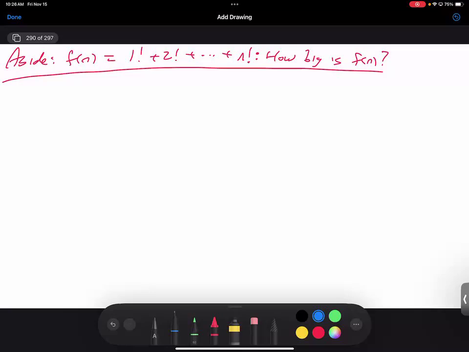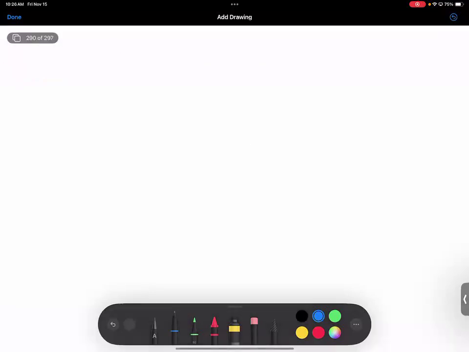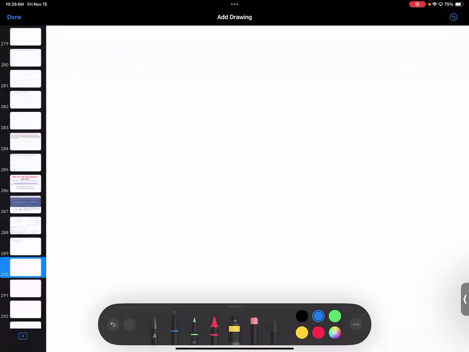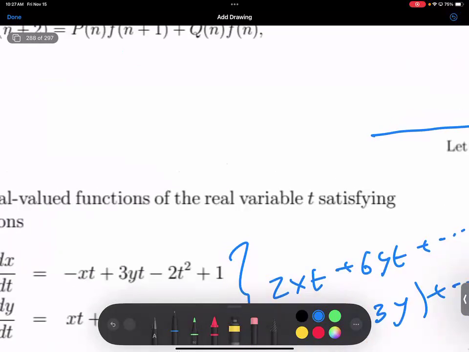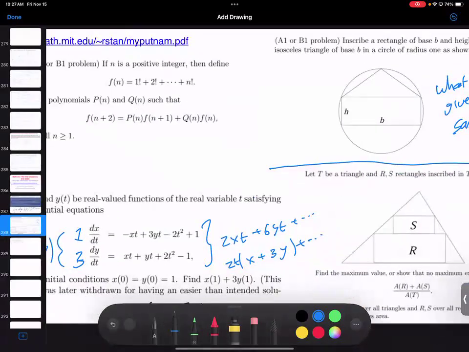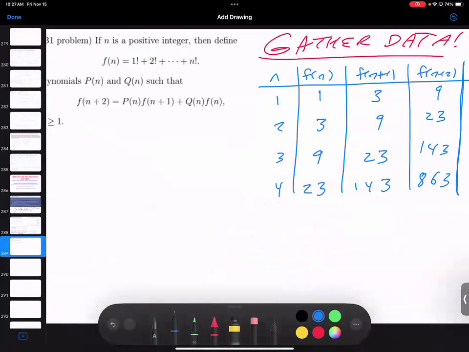What's the simplest approximation? It's going to be much bigger than n factorial. Okay, so we know it's not smaller than n factorial. It's bigger, but it's not much bigger, I think. So the question is, is it roughly of size n factorial?